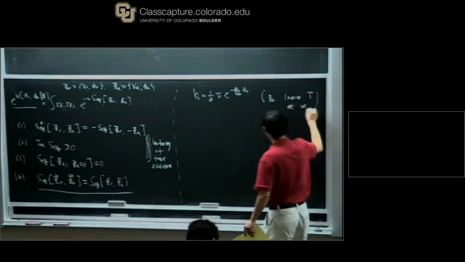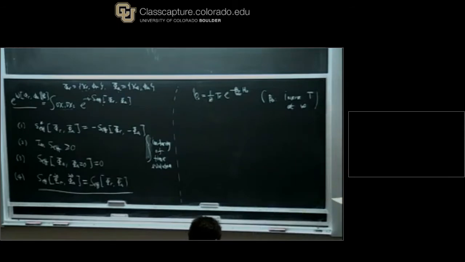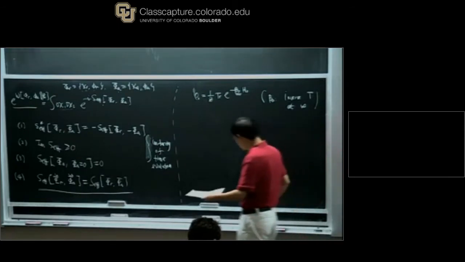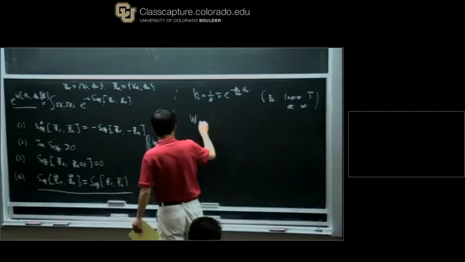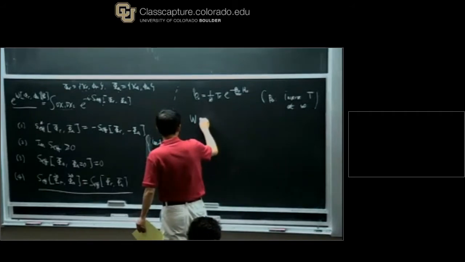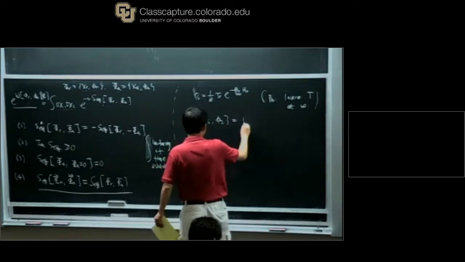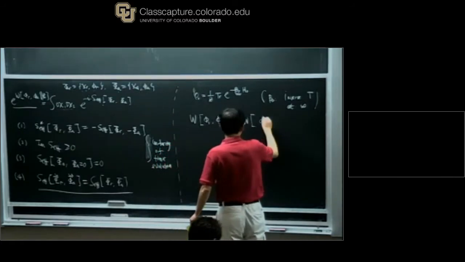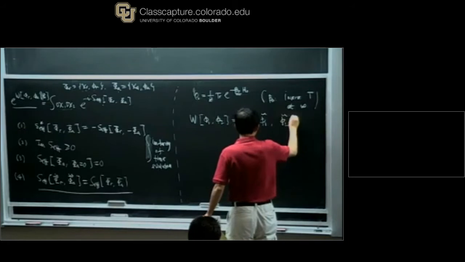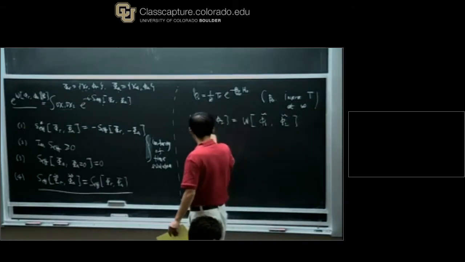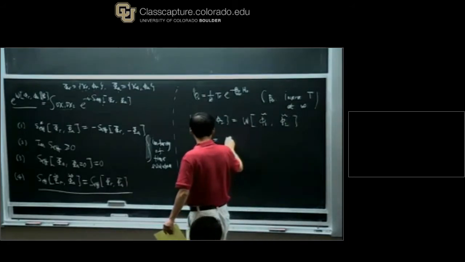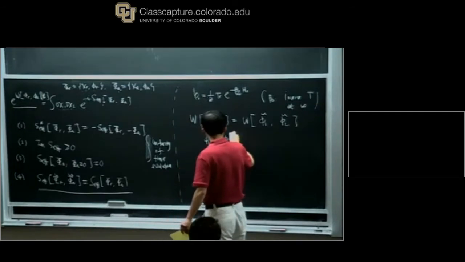And now from here we can deduce that this W should satisfy the following condition: that phi 1, phi 2 are related to W of phi 1 tilde and phi 2 tilde, and this phi 1 tilde is related to phi 1 by some discrete transformation.